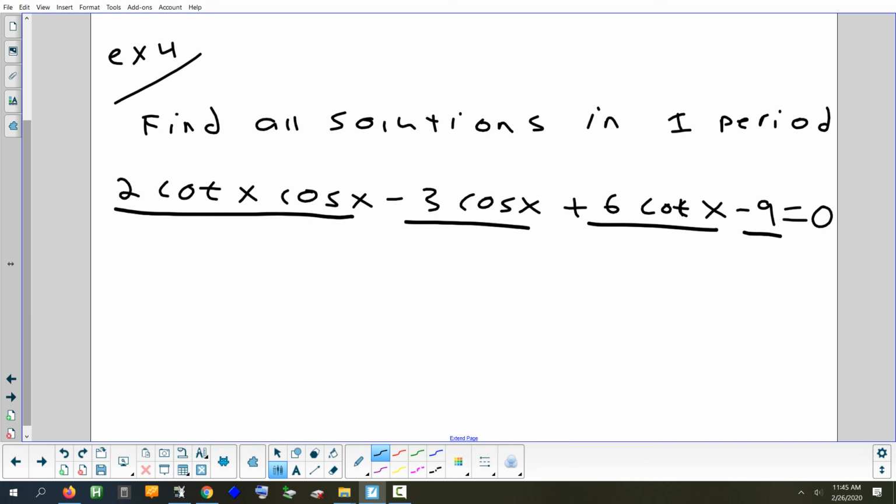Cosine of x. So that's the first step. Factor that out. If you factor out cosine x from the first term, what's left? 2 cotangent x.